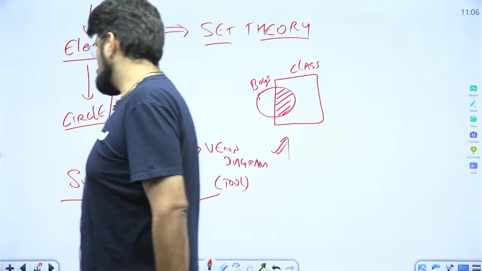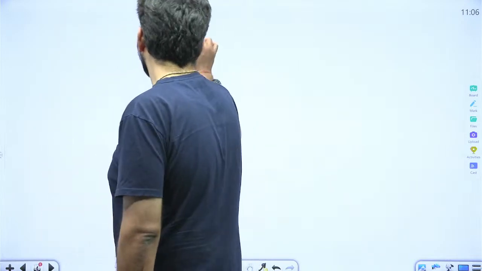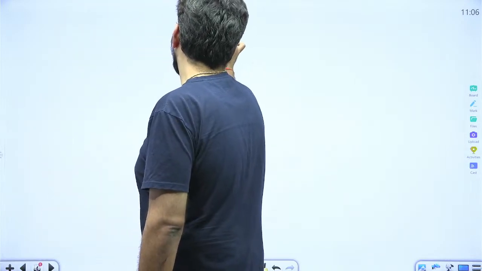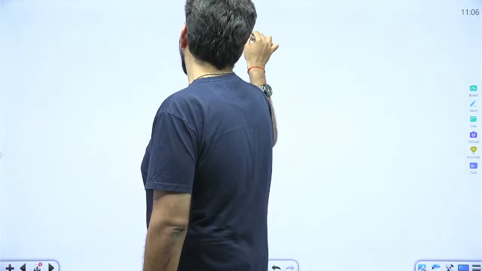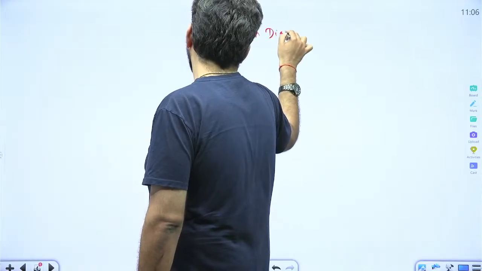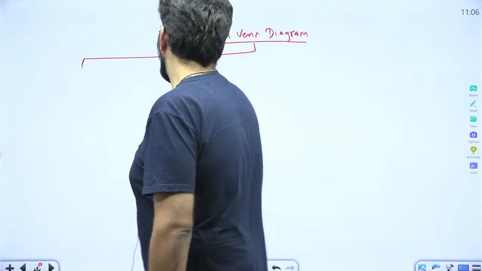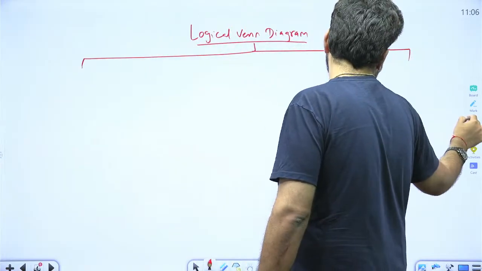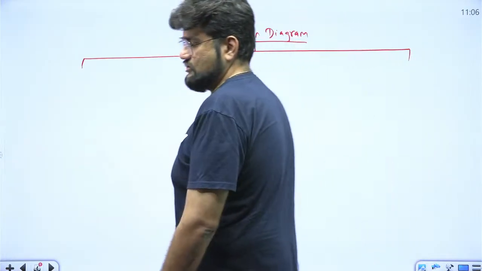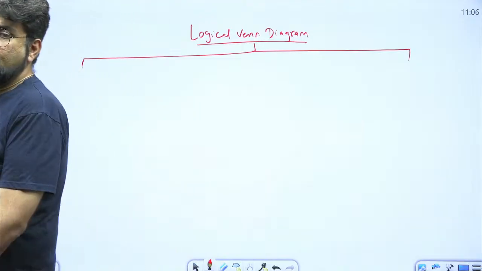Now when I talk of logical Venn diagram, under the logical Venn diagram category, your questions are majorly asked of two types. They are majorly divided into two major variations, right?